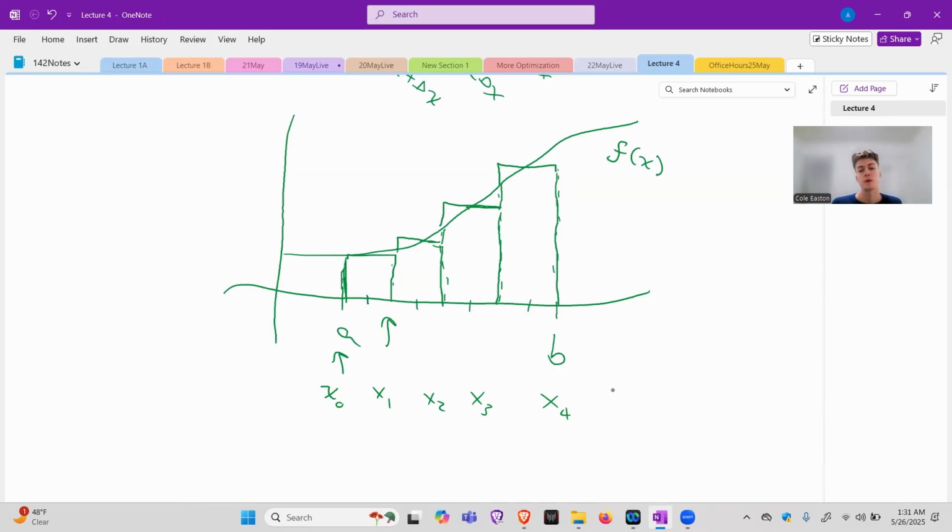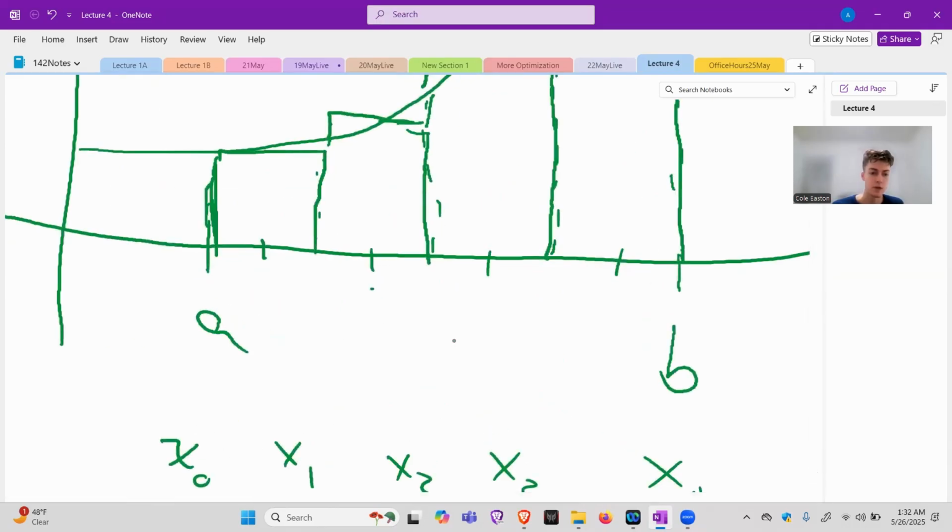So that means that this point is the average of x0 and x1. And this point is the average of x1 and x2, etc. And we know how to compute an average. We know that to find the average of two numbers, we add them together and divide by 2. The book's notation is to call this point x1 bar. And then we just increase that subscript as we move across.